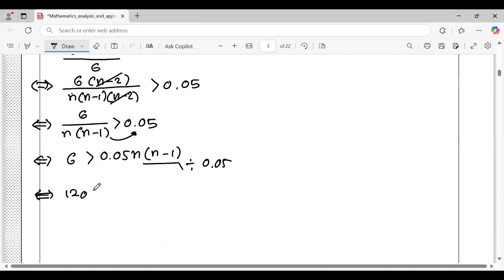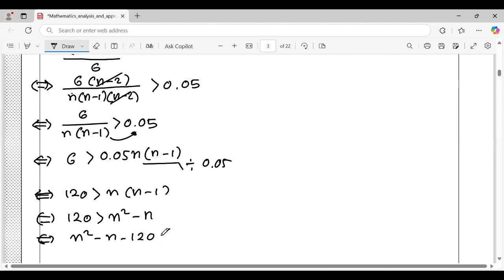Equivalent with 120 greater than n times n minus 1. It is 120 greater than n squared minus n, or n squared minus n minus 120 less than 0.